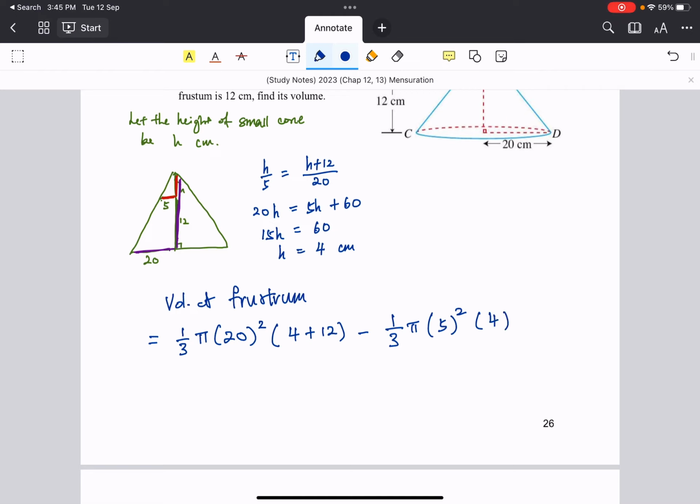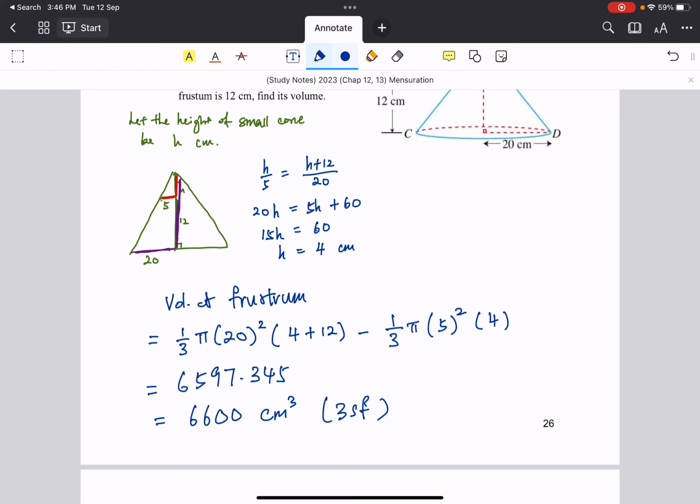So from here, just use our calculator, press it carefully. You have 6597.345. Let's write it in 3 significant figures, which is 6600 cubic centimeter, rounded off to 3 significant figures. So that's one way we can do this.